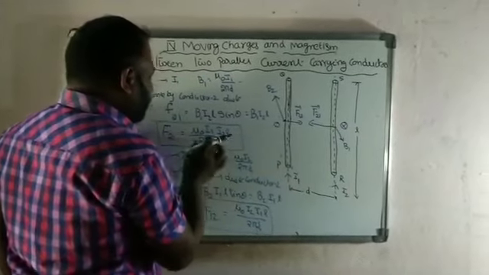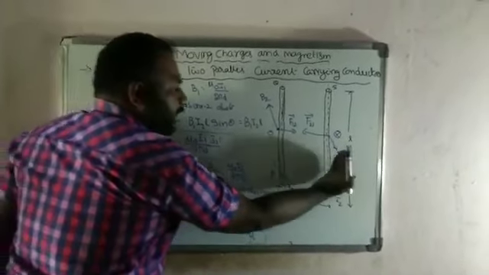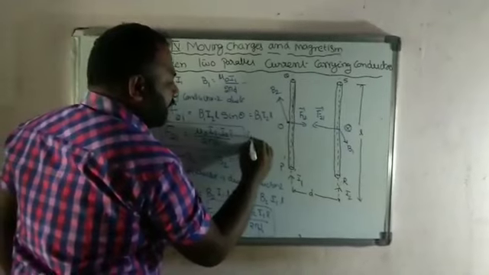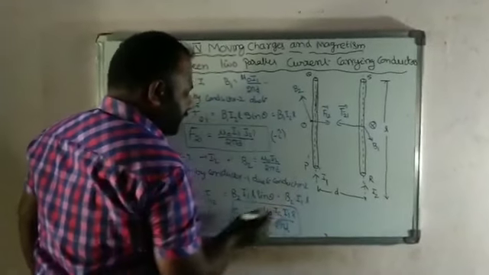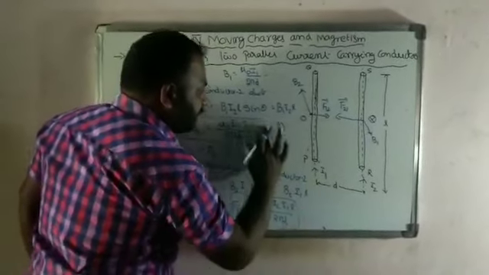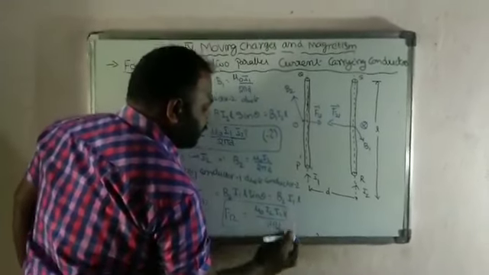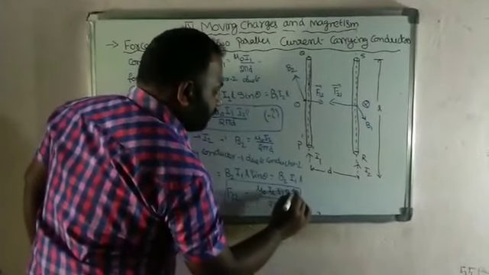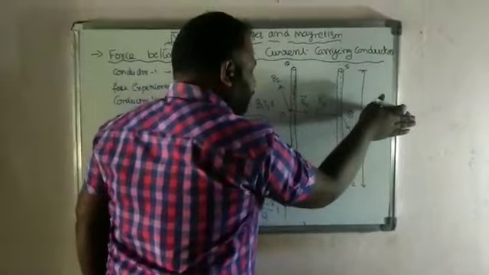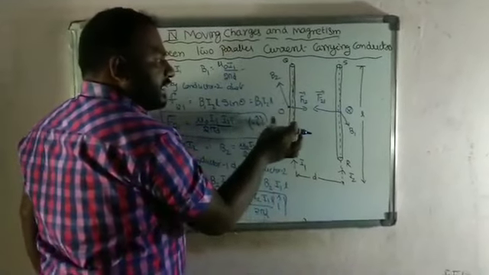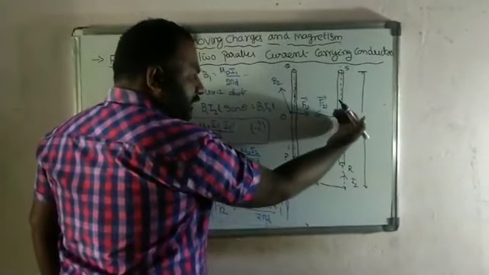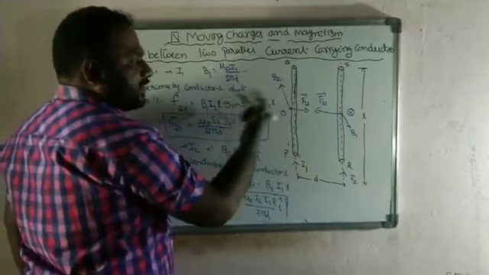So for example, if F21 is acting along minus i cap, then F12 is acting in which direction? Plus i cap. That is, F12 is acting along plus x direction, and F21 is acting along minus x direction.